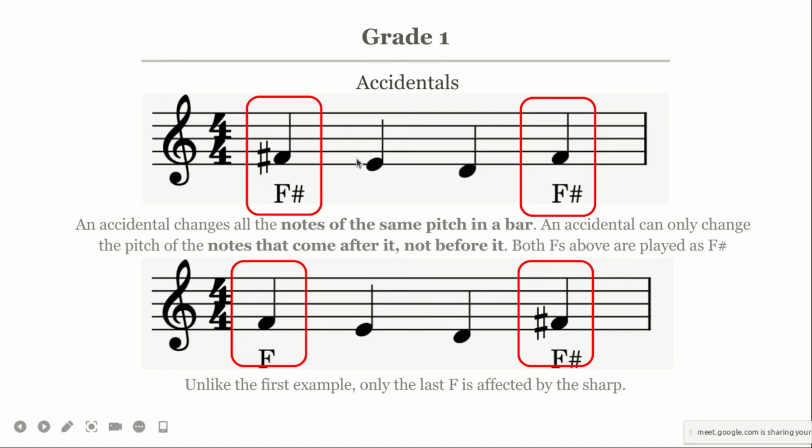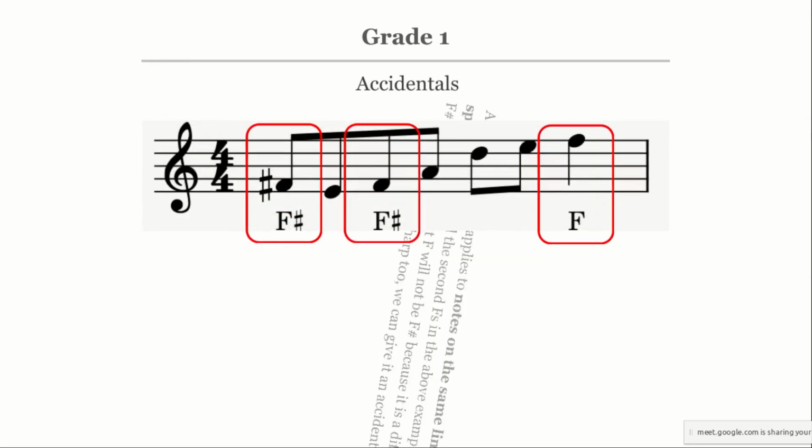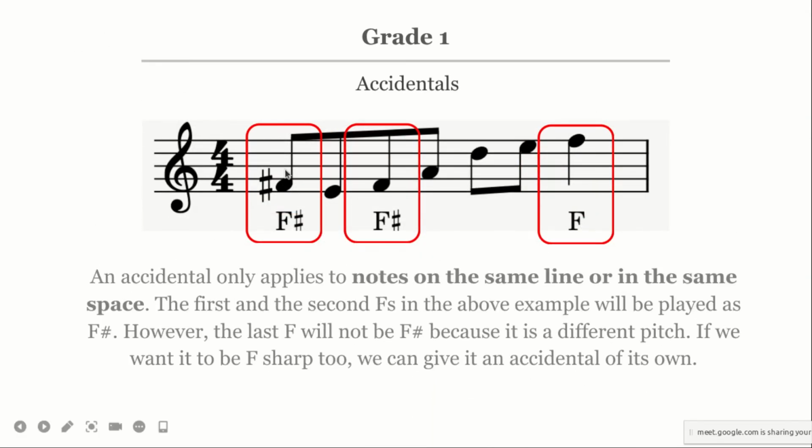So if there is an accidental on a bar and there's another note of the same pitch in the same bar, that second note of the same pitch will be affected by the first accidental. Now, please note that same pitch means same line or same space. So in this case, the first note circled by the red rectangle is F sharp because of the accidental.